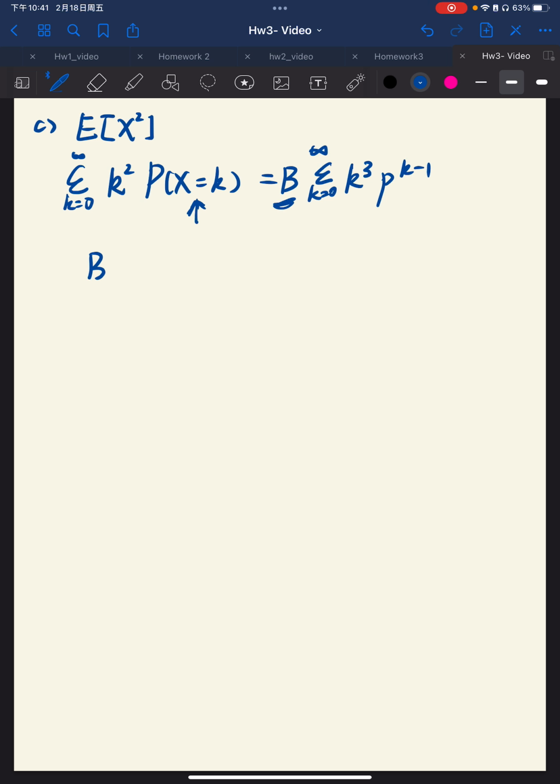We already know b as well, and then we need to find the value of the summation.